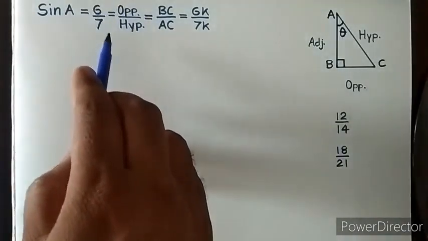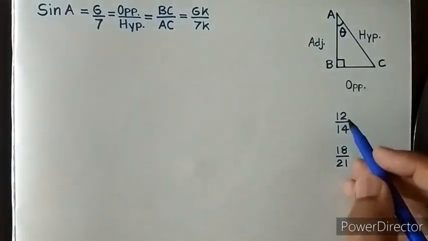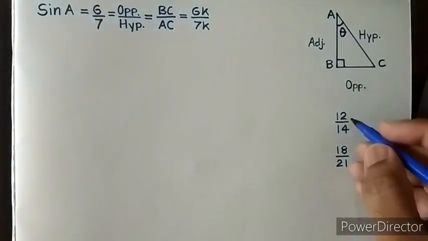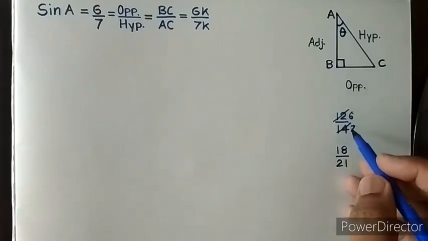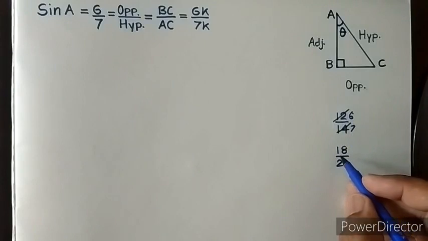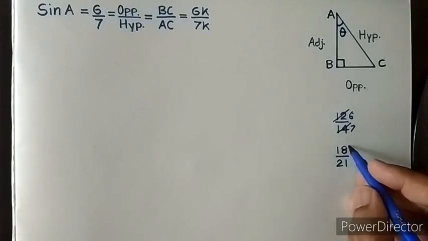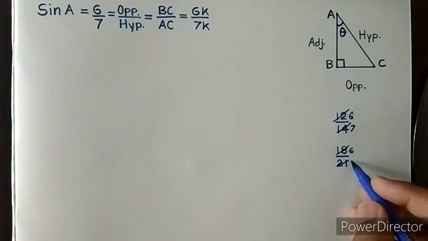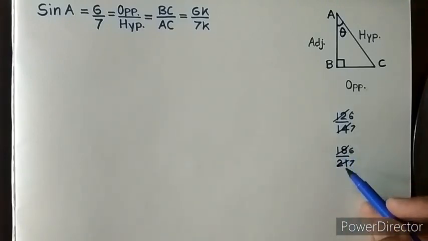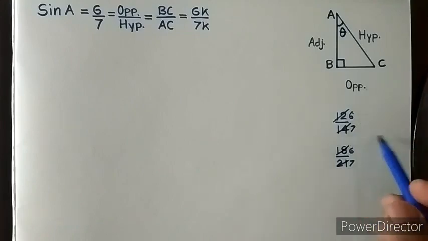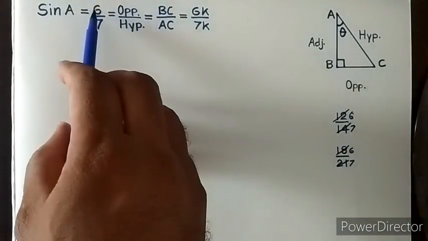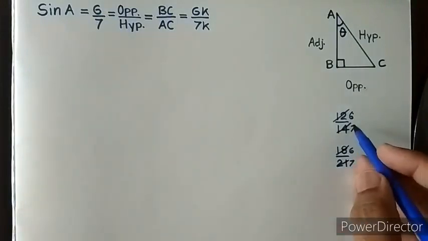So we don't know the actual length, because if you see 12 upon 14, 2 sixes give you 12 and 2 sevens give you 14. So this also is 6 upon 7. Now let's see another one, 18 and 21. 3 sixes are 18 and 3 sevens are 21. So 18 upon 21 is also 6 upon 7. And there are n number of ratios which will give you 6 upon 7. So what is the actual value of your BC and AC? It is not 6 and 7 units, but it will have a common multiple.